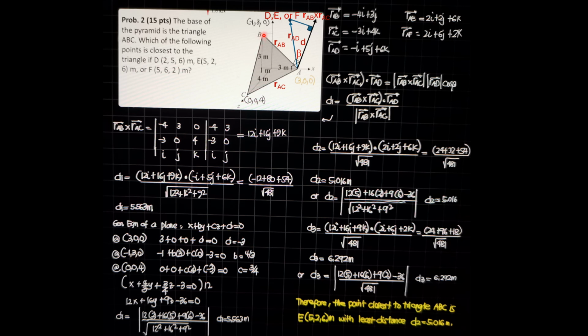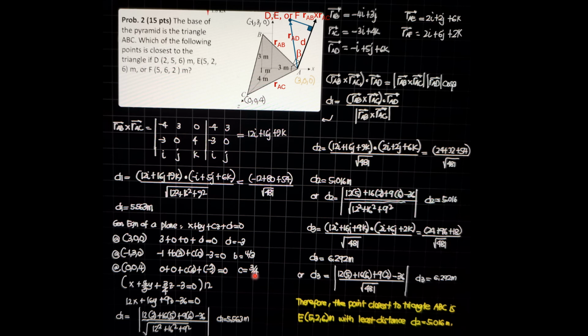At negative 1, 3, 0, x is negative 1 plus b times y 3 plus c times z 0, then plus the constant, which we already calculated from here, negative 3, equals 0. So b is 4/3. Then at 0, 0, 4, x 0, y 0, c times z 4 plus constant negative 3 equals 0.